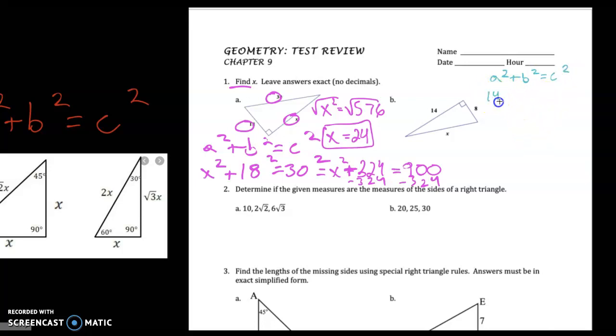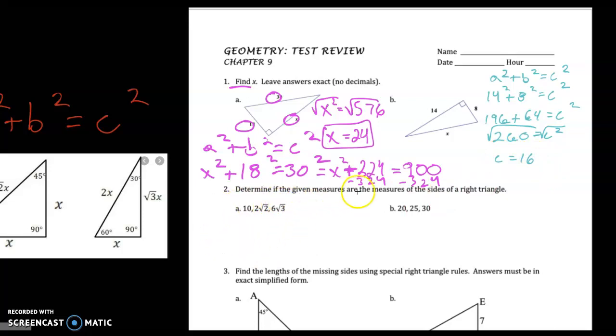And then we got 14 squared plus 8 squared equals c squared. 196 plus 64 equals c squared. And then you square root that, you get 16.